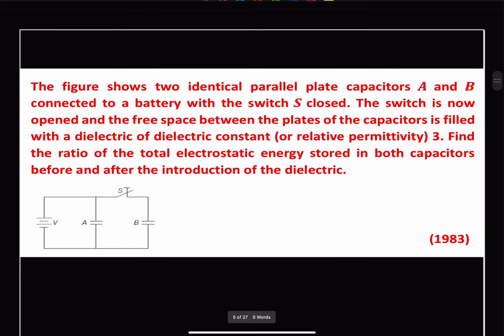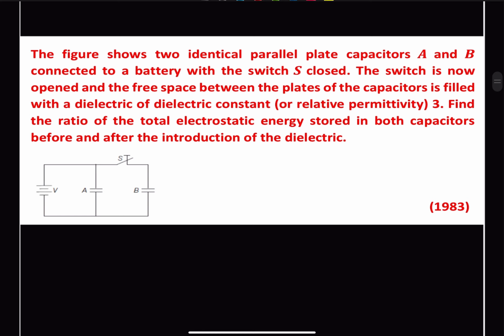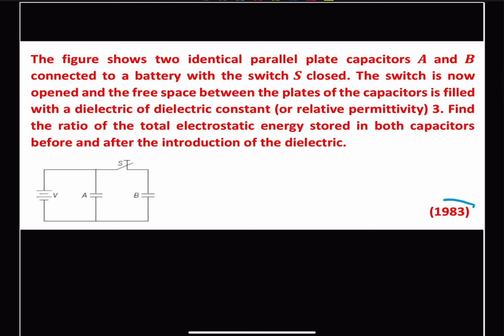We have the next question, and it states that it was asked in the year 1983. It states that the figure shows two identical parallel plate capacitors A and B connected to a battery with a switch S closed. The switch is now opened.